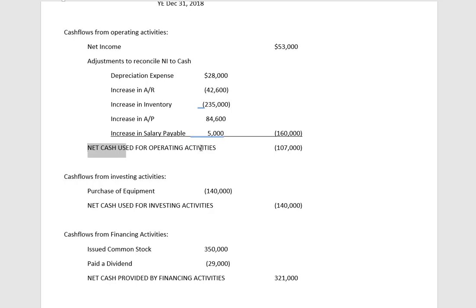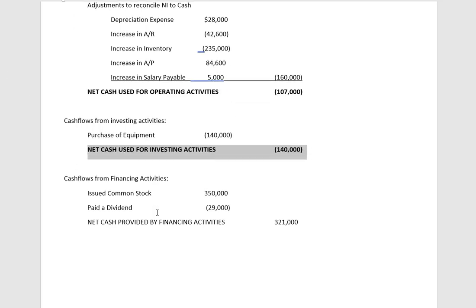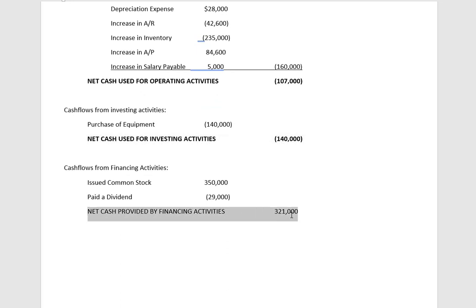So then for the total change throughout the year, you need to sum up what happened with cash from operating activities, what happened with cash from investing activities, and what happened with cash from financing activities. Okay, and if I sum those up, then I get a net increase in cash of 74,000.